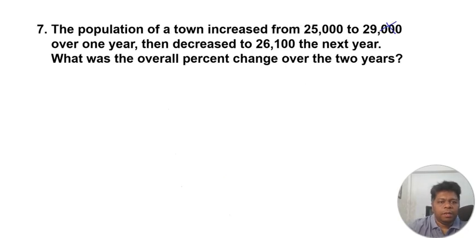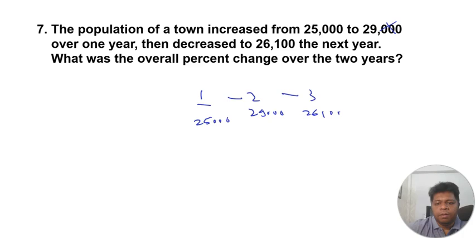Next question: the population of a town increased from 25,000 to 29,000 over 1 year, then decreased to 26,100 the next year. What was the overall change in population? Now as it is asked, year 1 it was 25,000. Okay, year 2 it was 29,000, and year 3 it is 26,100.